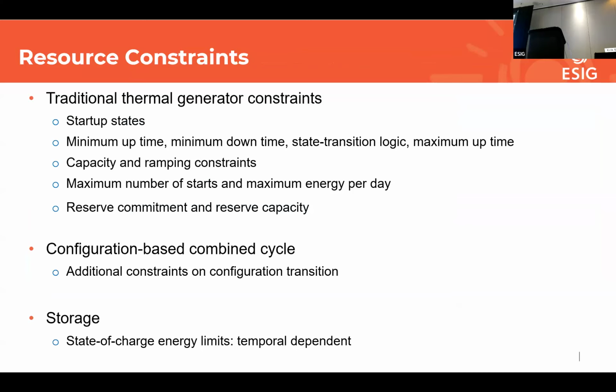In the US, unlike Europe, we model very detailed resource constraints. A thermal generator could have startup states, like cold, intermediate, and warm, with start time and cost based on how long the unit was off, right?